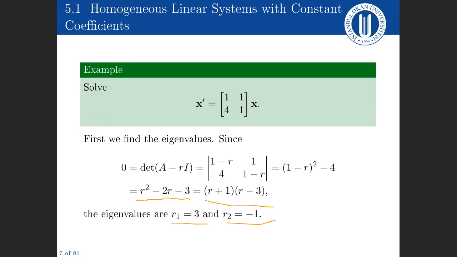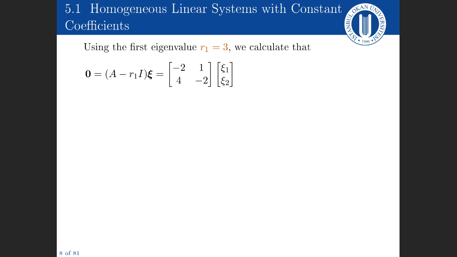Step 2 is to find the eigenvectors. First, we'll use the eigenvalue 3. We put this into our equation. The 0 vector must be (A minus 3I) xi.